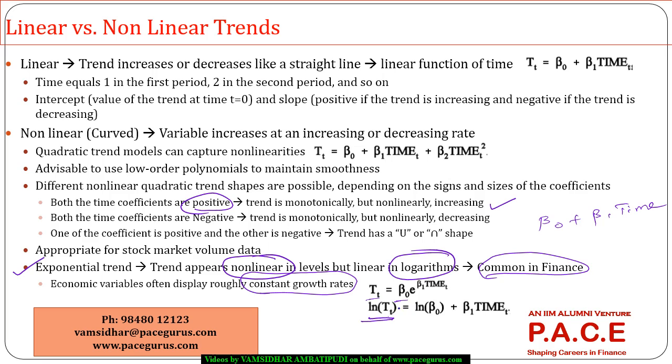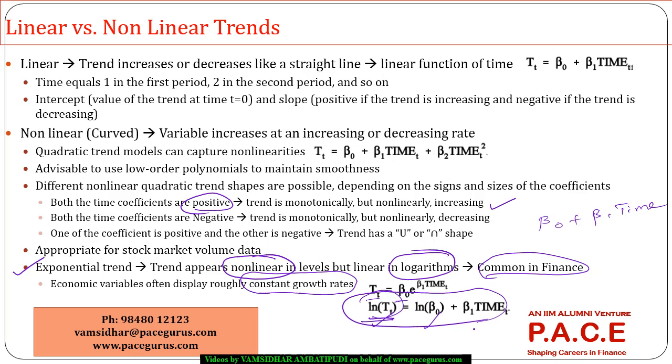That is what we are calling an exponential trend. If you take the logarithm on both sides, it works out as log trend equals log beta naught plus beta 1 times time. So after you have taken the logarithm, there is a linearity present. In that case, the original trend is what we are calling an exponential trend.